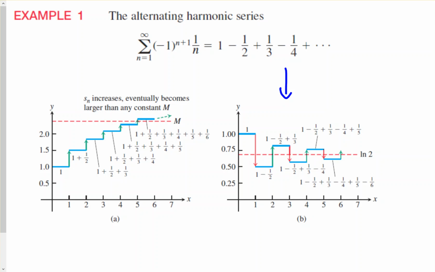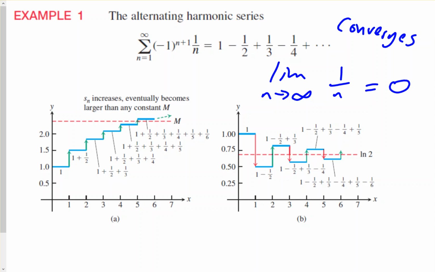You'll notice the terms are decreasing as we go successively: the 1/2, 1/3, 1/4, so on and so forth. Those u_n's are all positive. They're not increasing, and the limit of 1 over n as n approaches infinity would be 0. So this one definitely converges by the alternating series test.